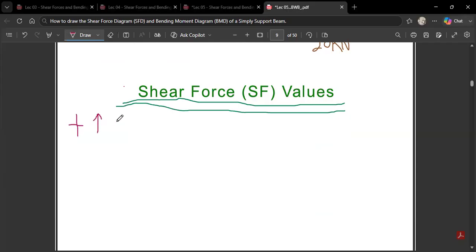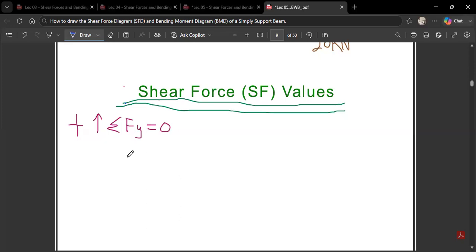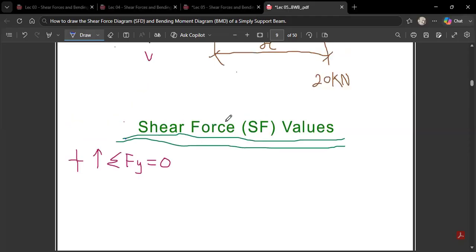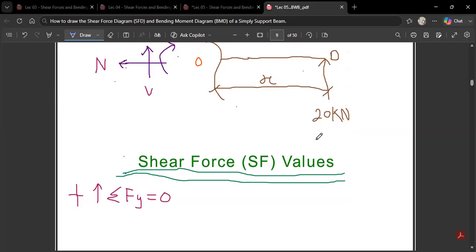So that is what? Sum of all forces moving in the y-axis should be equal to what? 0. From here, what are we going to do next? This implies that our shear force values, have a look, they are just the forces that are moving in the y-axis, I told you. So this 20 kilonewton is moving in the y-axis.